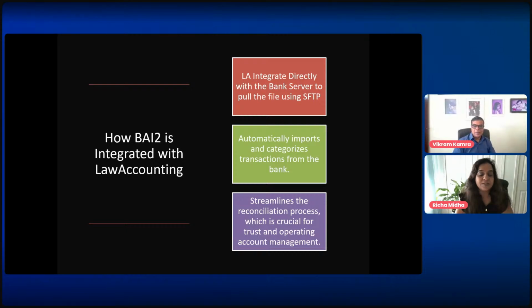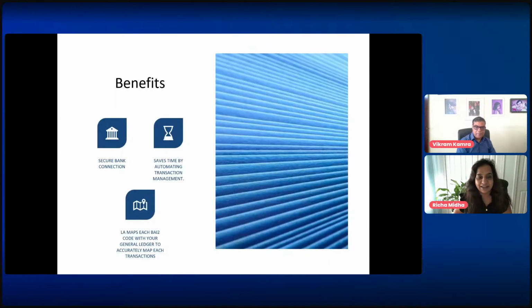One of the questions that came up was why Lockcounting came up with BAI files. Just to give a little background: American Express, one of our customers, was trying to connect their American Express bank with a third-party tool. I would not name it, but after a wait of 6 to 8 months, we still did not get a definitive answer.